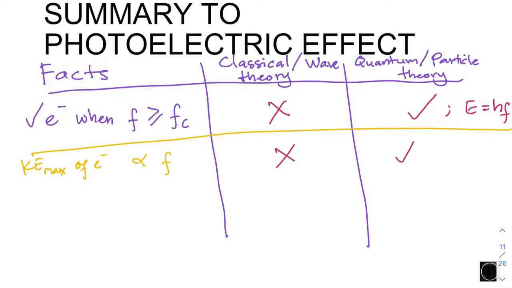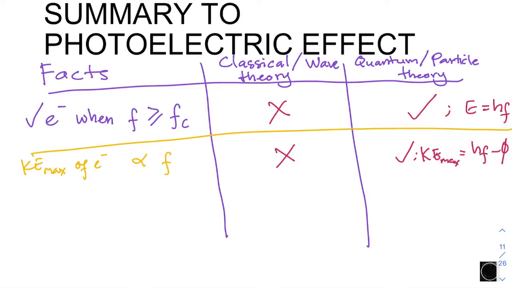However, for quantum or particle theory, for sure it is explainable, because of, again, this equation, E equivalent to hf. And if you refer back, KE max equivalent to hf minus work function.